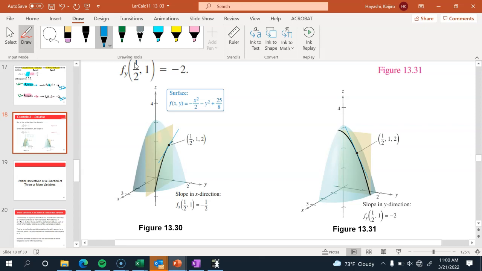So these are the same point, you're just taking the derivative in 2 different directions. If you measure the slope in the x direction, you get a value of -1/2. If you measure the slope in the y direction, you get a slope of -2.